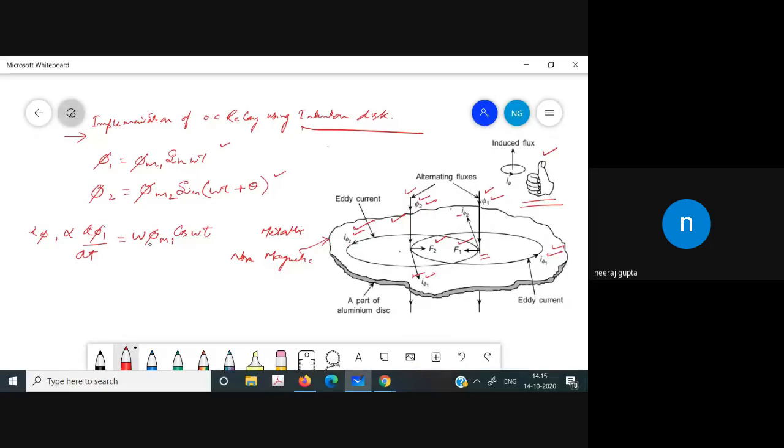Similarly, we will have the current I phi2, which is proportional to d phi2 by dt, which equals omega phi m2 cos of omega t plus theta.